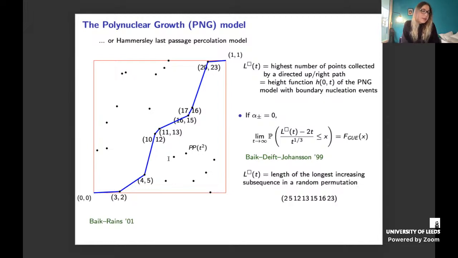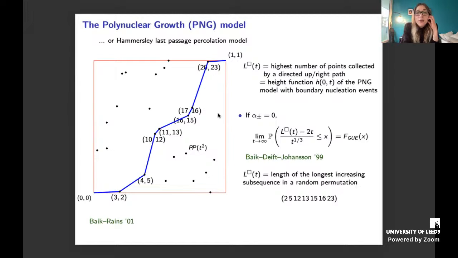And basically what happens is that you don't have any more boundary nucleation events. This corresponds to the classical model, which can be mapped to a model of random permutations, where you can see a permutation by taking each point and associating the y coordinate relative to the x coordinate.